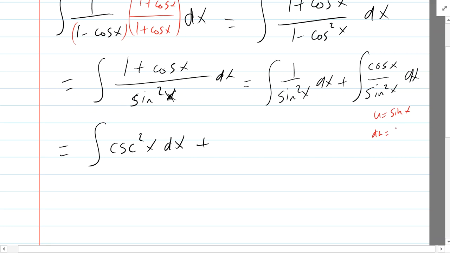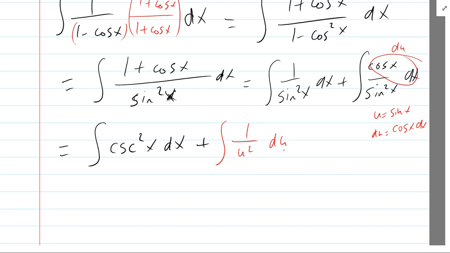No, not negative. Cosine of x. I'm doing derivatives. dx, right? So is this the whole thing du? So when I do my substitution, it becomes the integral of 1 over u squared du. Is that easy to integrate? It is. It actually is, and that's really straightforward now.